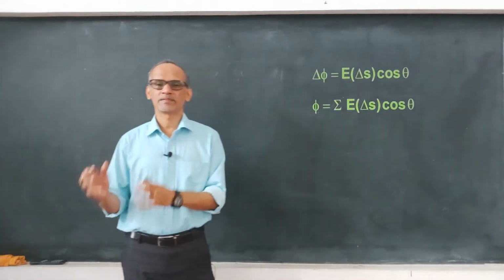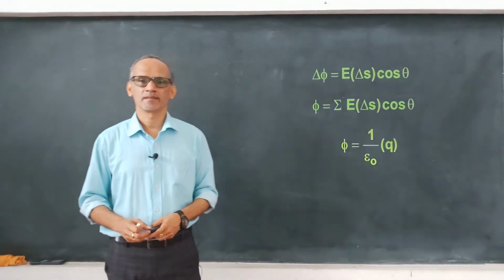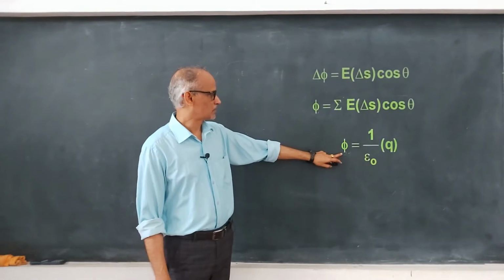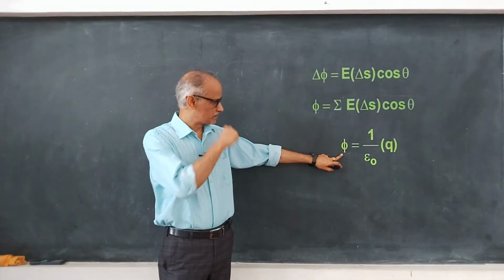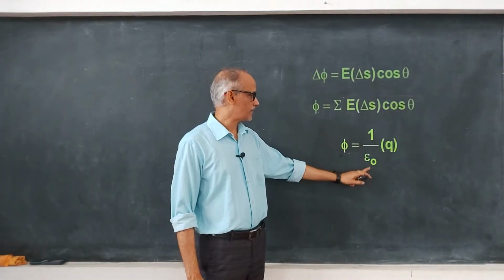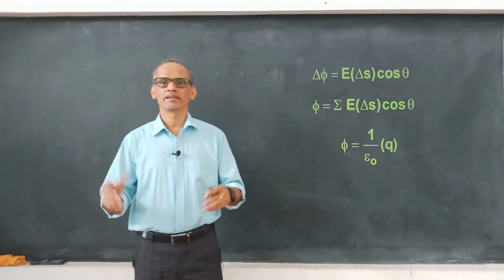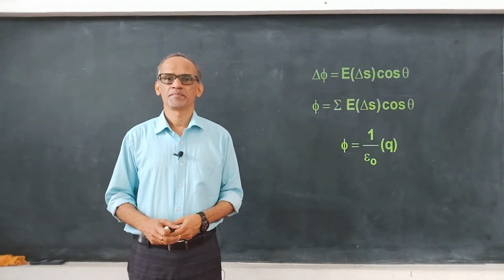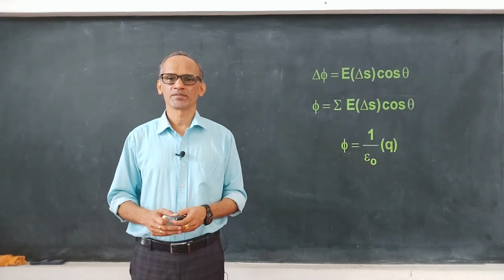The relation between flux and charge is given by an important theorem called Gauss theorem, which states that the total electric flux through a closed imaginary surface in free space is equal to 1 by epsilon naught times the total charge enclosed by the closed surface.